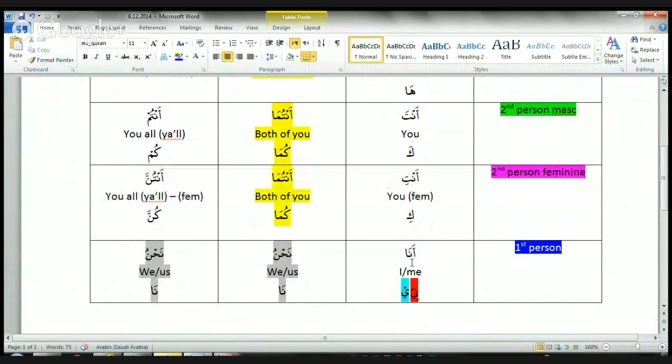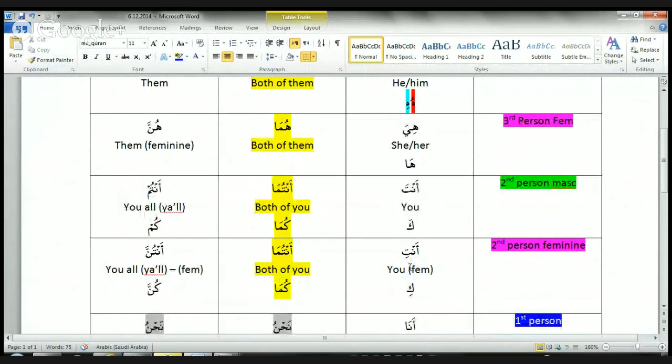Like we said for attached pronouns, nasab and jar would be different if it's on an ism or a fi'l, right? When it comes on an ism, let's say kitabuka, your book, the ka is on an ism, so it's jar. Does it look any different? Will ka become ki? No.